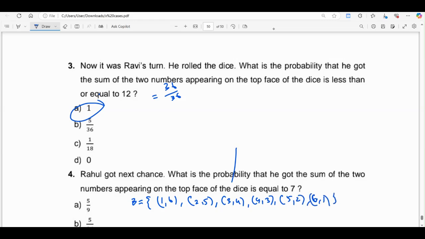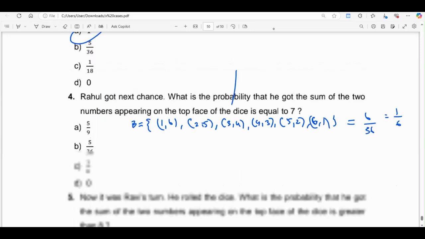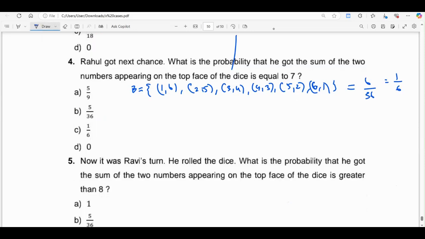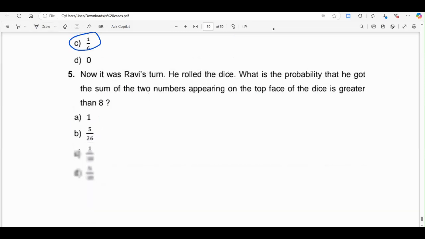How many? 1, 2, 3, 4, 5, 6. That is 6 divided by 36, which is nothing but 1 by 6. So the option here is 1 by 6, that is option C.